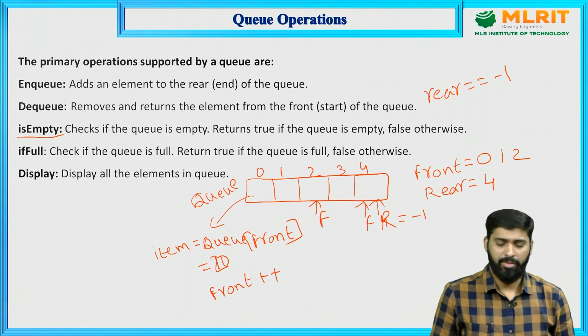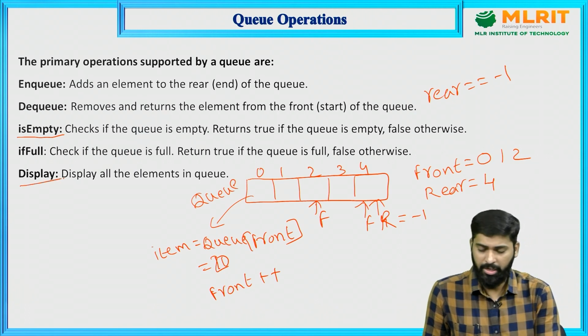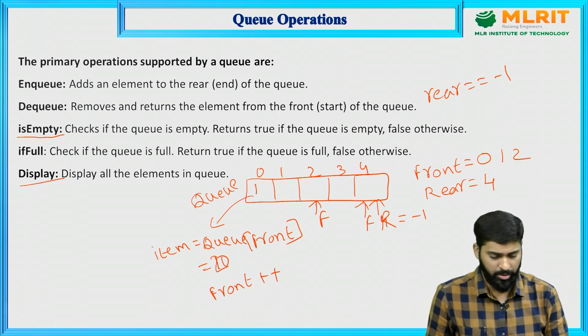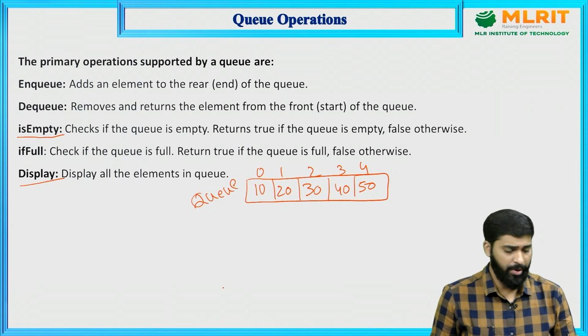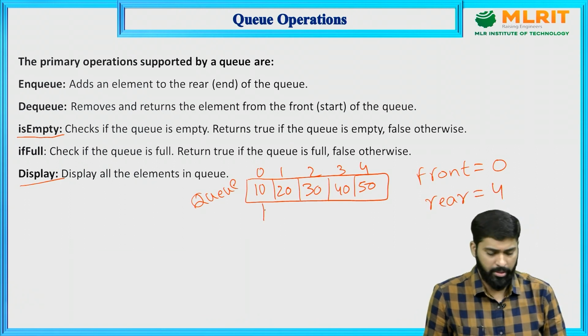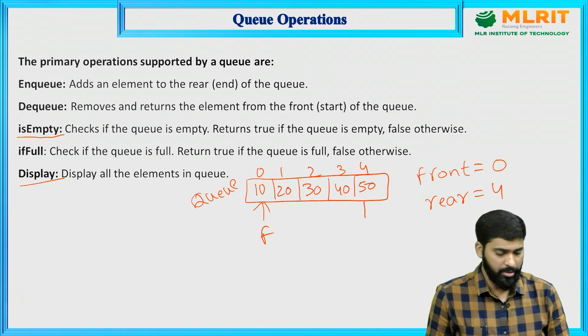Okay, so the last function, display. Let us assume these are the numbers. So now what is the front value? Front value equals 0, rear equals 4. This is the front, and this is the rear.